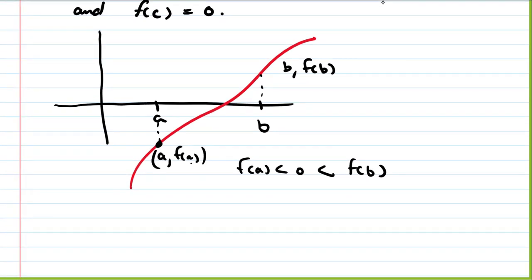It says that somewhere in between a and b, there exists some number c, where the ordered pair of that point is c comma 0. So it's telling us there's an x-intercept there. Well, that 0 has to be equal to f of c.